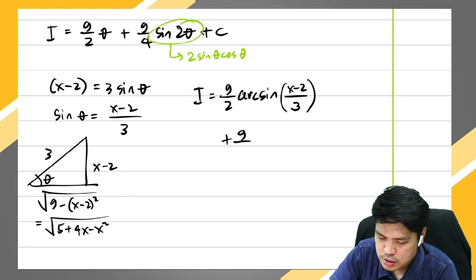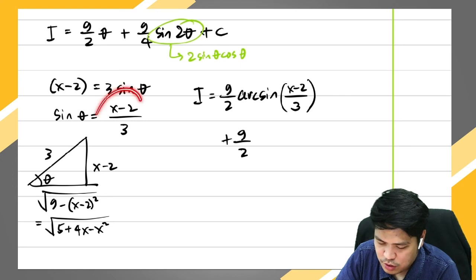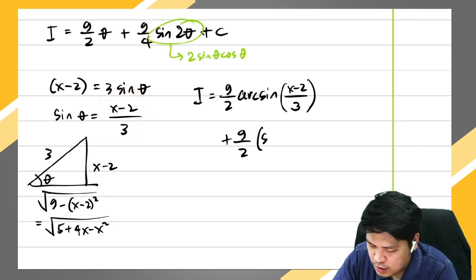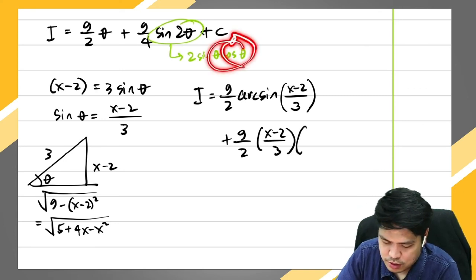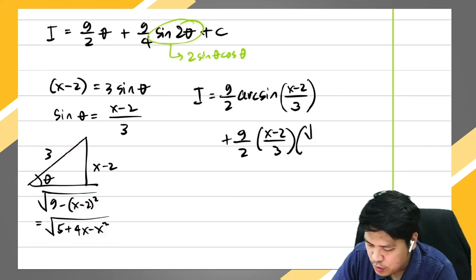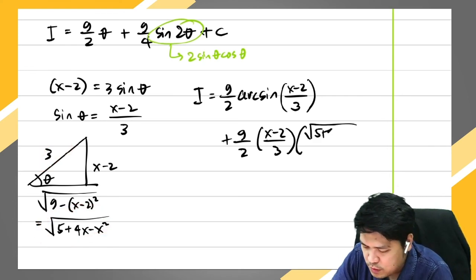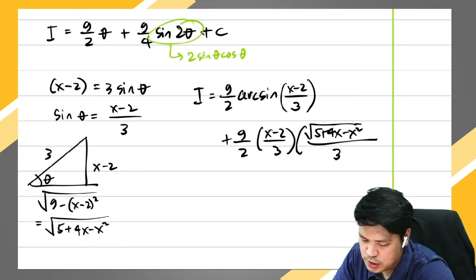Then, sine theta. Ano yung sine theta? Ito, given na. Sine theta is x minus 2 over 3 times cosine theta. Cosine is adjacent over hypotenuse. So, adjacent is the square root of 5 plus 4x minus x squared over hypotenuse, which is 3.